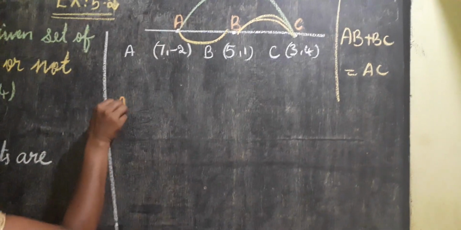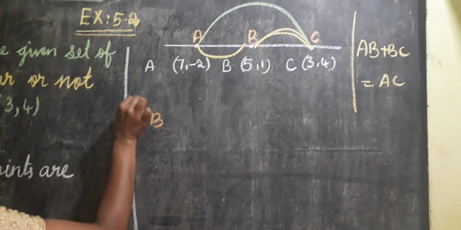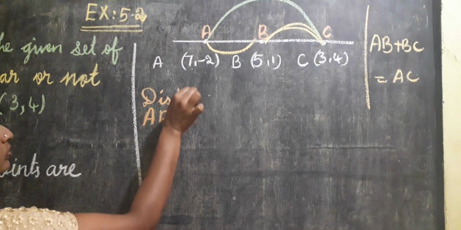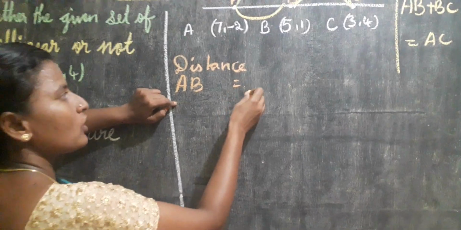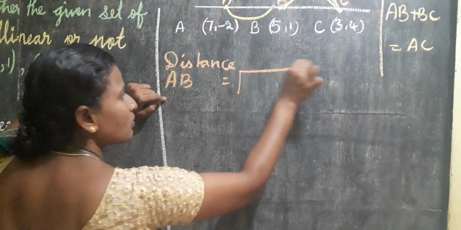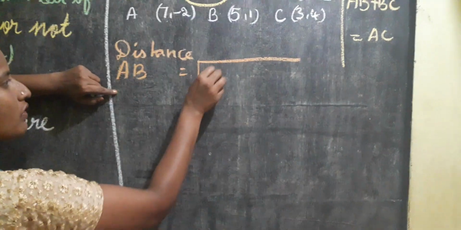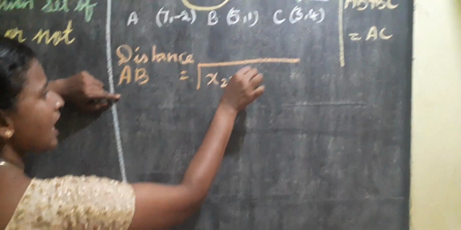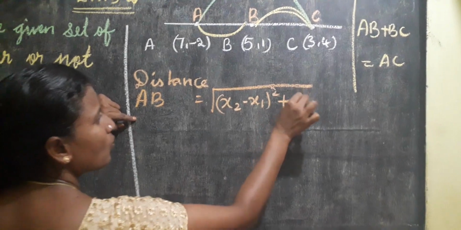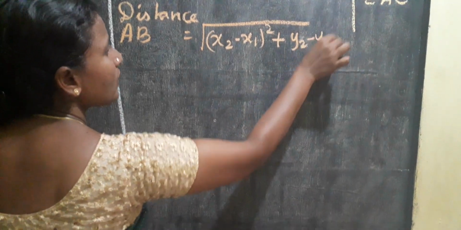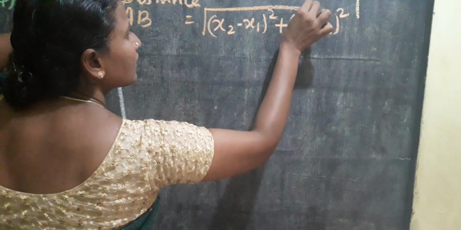Can you understand, dears? First we find the distance between the 2 points AB. We know the formula: square root of (x2 minus x1) whole square plus (y2 minus y1) whole square.